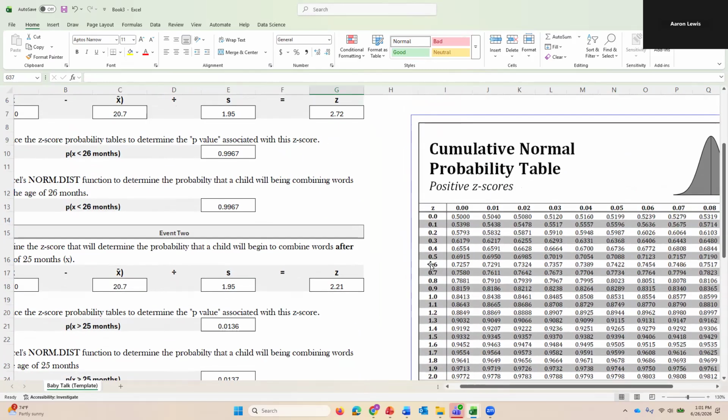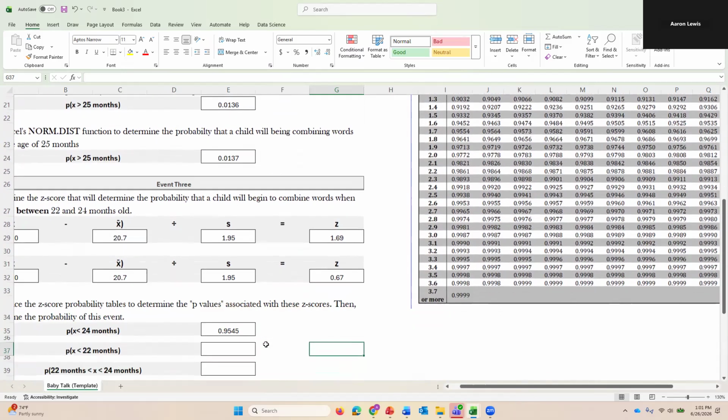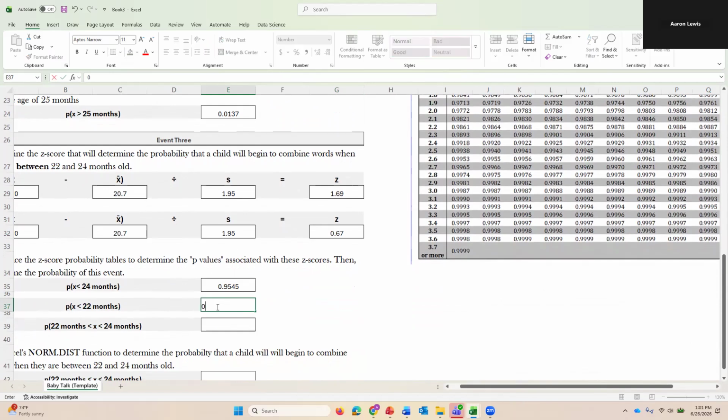So 0.6, roll on over until we find the intersection with 0.07 on the top, and it's 0.7486. So that is our probability of speaking in less than 22 months.